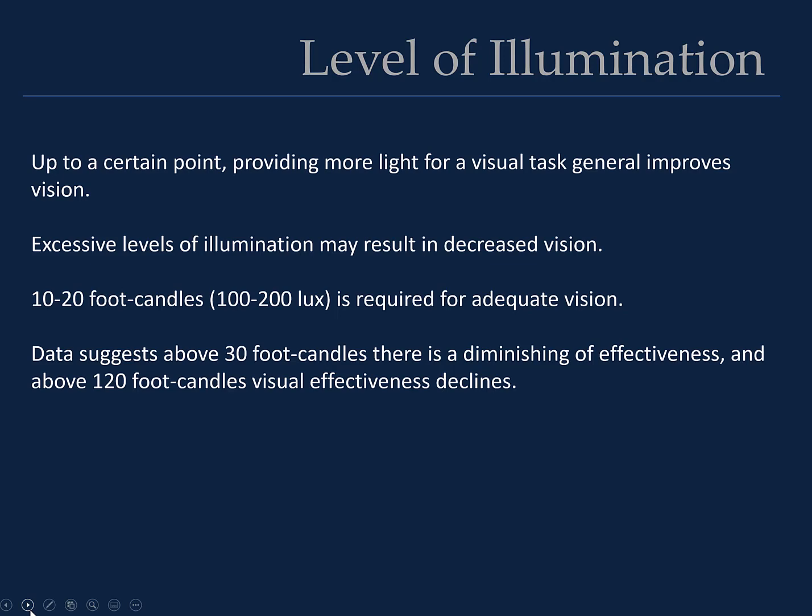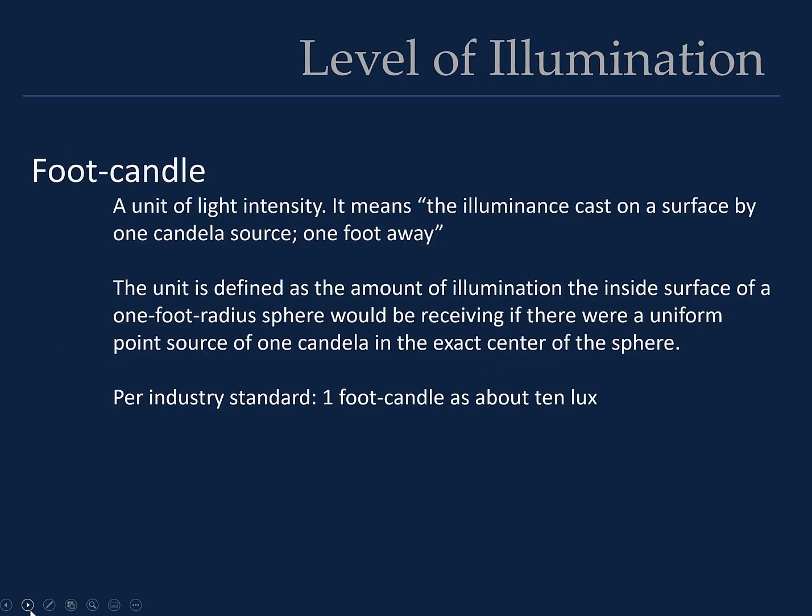And data suggests that when you get to 30 foot candles, there's not a lot of difference between 30 and whether I provide 30, 50, 70, 90 foot candles. I see about the same. When I get to 120, that's when my visual effectiveness starts to decline. So now something becomes so bright, it's starting to become blinding, if that makes sense.